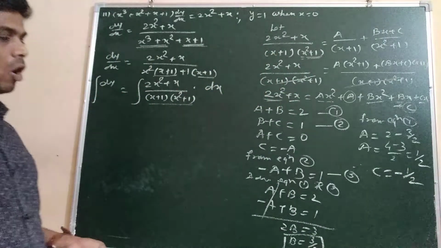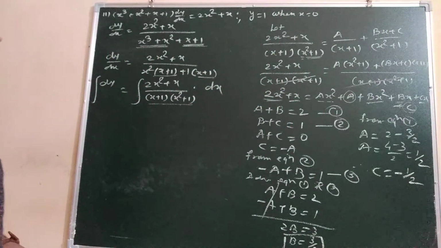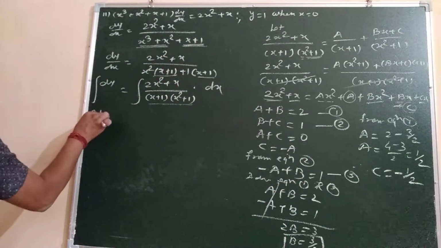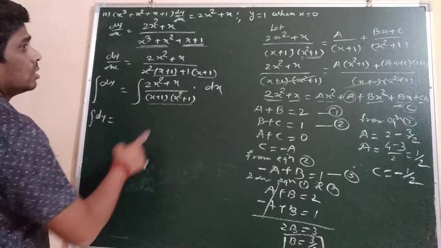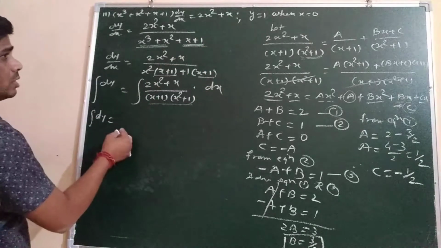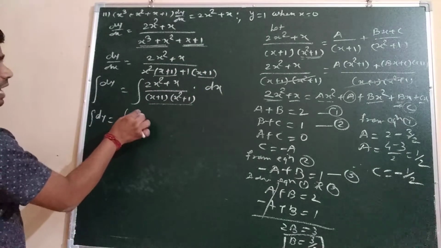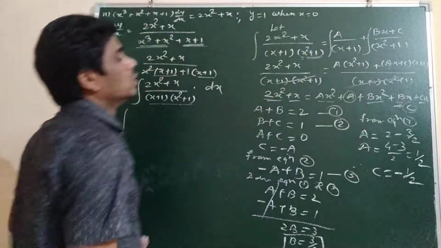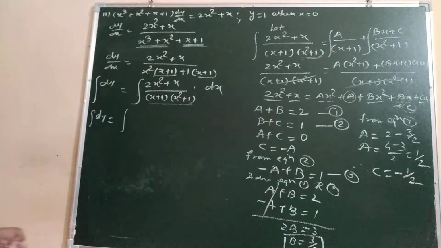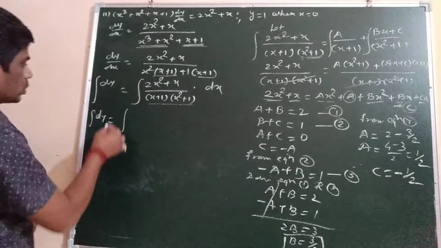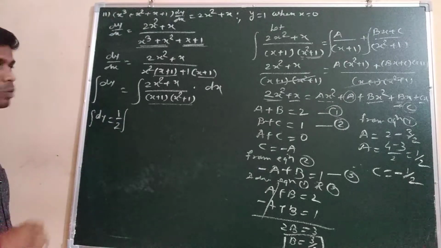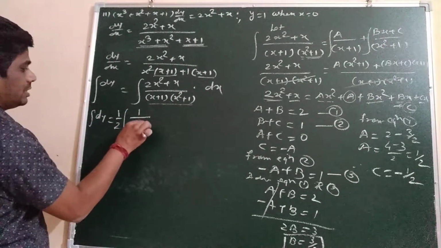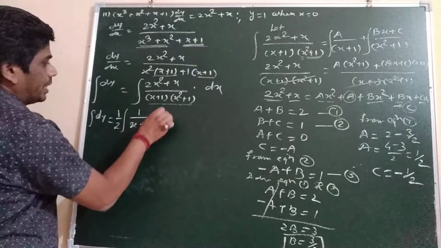So all three values A, b, c we got. Now the integration of dy equals this, and we will separate it. For A, which is 1 upon 2, the constant stays outside, and there will be 1 upon x plus 1 dx.